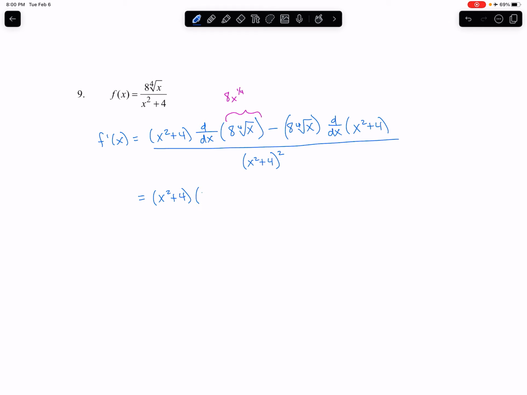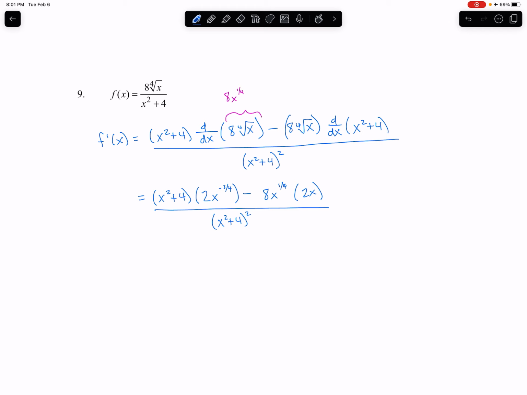We'll have 2x to the negative 3/4 minus, I'll just write it, 8x to the 1/4. The derivative of x squared plus 4 is 2x. Okay.